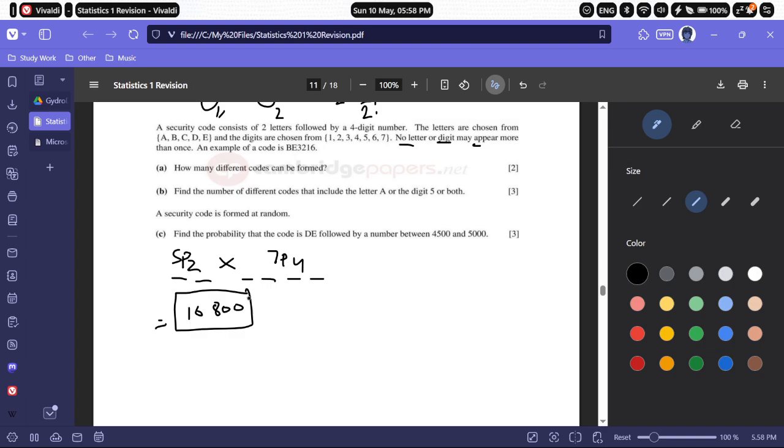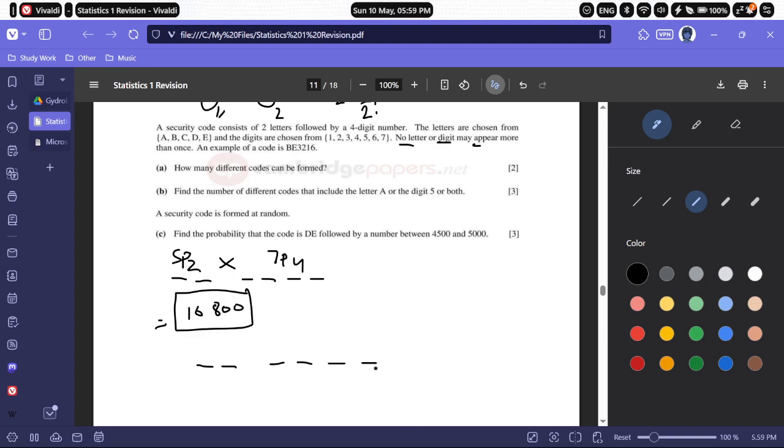Now, moving on, find the number of different codes that include the letter A or the digit 5 or both, right? Again, you can use multiple methods for this, but what I would do personally is make your dashes first.